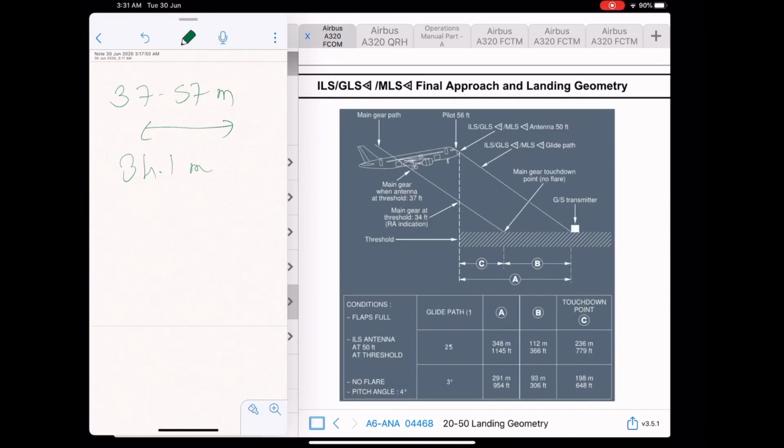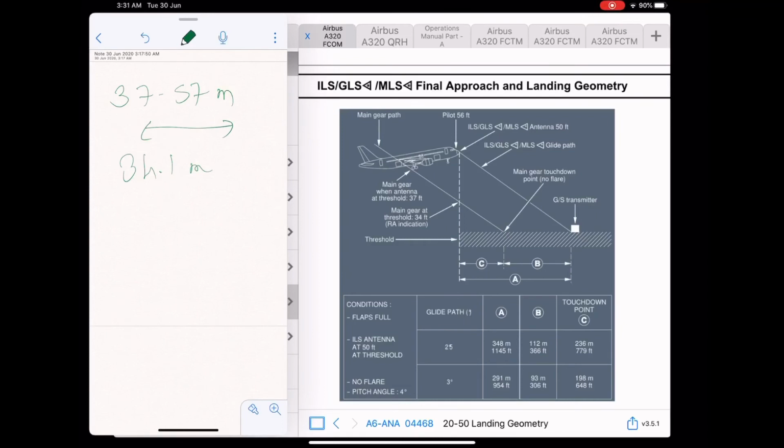It is comparing a 2.5 degrees glide path versus 3 degrees with ILS antenna at 50 feet at threshold, no flare, and pitch angle 4 degrees. So there are certain conditions used for this particular diagram, and flaps full configuration as well.